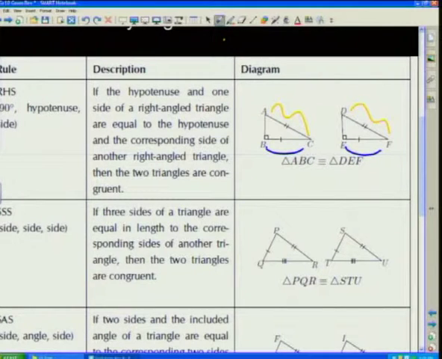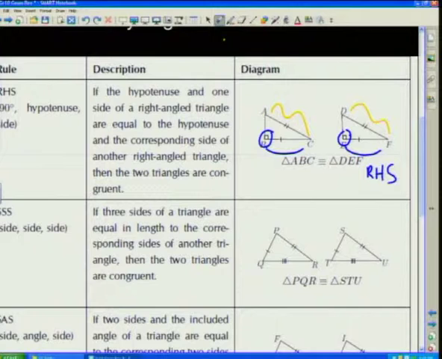So the hypotenuse AC is equal to hypotenuse DF, side BC is equal to side EF, and you have a 90-degree angle opposite your hypotenuse, obviously. Then those two triangles will be congruent, and your reason for congruency will be RHS.